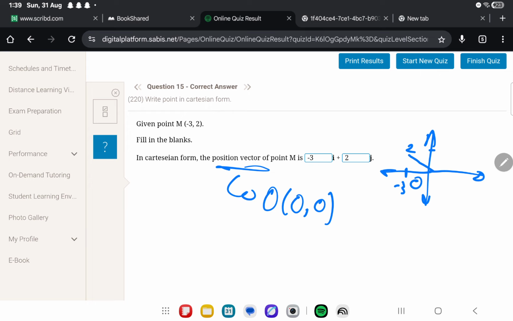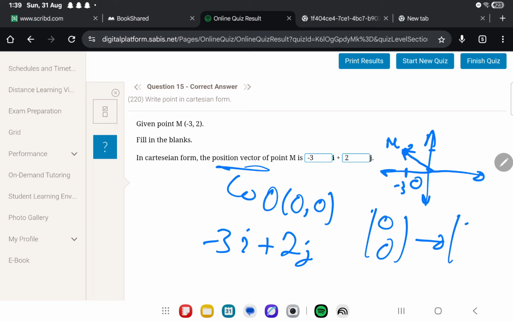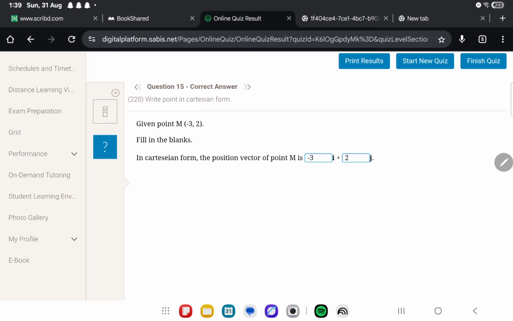This is where the vector is. This is M. So OM is going to be like this. So it's going to be negative 3i plus 2j. Because you're starting from 0, 0, and then you're going to negative 3, 2. So what is the shift here? You're going 3 backwards, then 2 up.